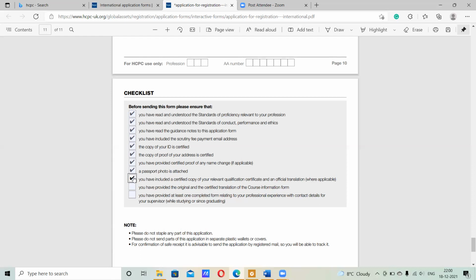However, if you submit fewer documents and the HCPC feels that your application is incomplete, they will return the documents back to you, and this is going to delay your process of HCPC registration even further. So don't only submit your mark sheets, submit your internship completion certificate, submit your transcripts and everything that you have got from your university and from your college.